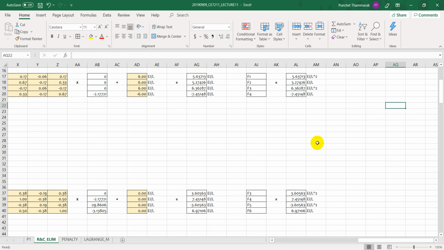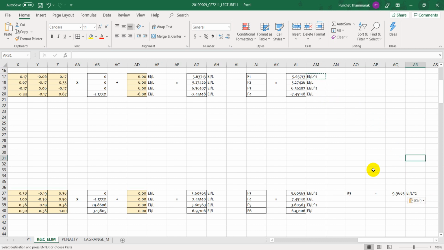So if we want the support reaction number 3, then it is equal to F3 plus F3 there. Okay, we are happy, right? This is so satisfactory.